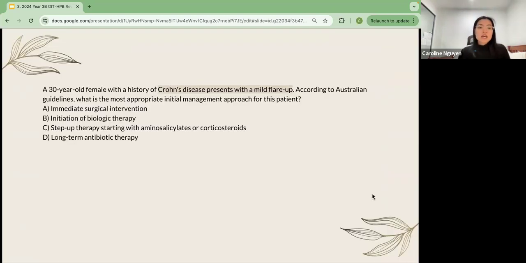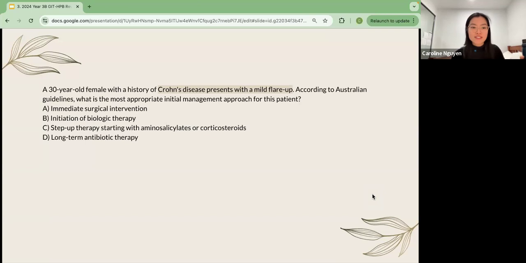Diarrhea questions. So there's a 30-year-old female with a history of Crohn's disease and a mild flare-up. According to the Australian guidelines, what do we need to do for this person? So this person has a mild flare-up.